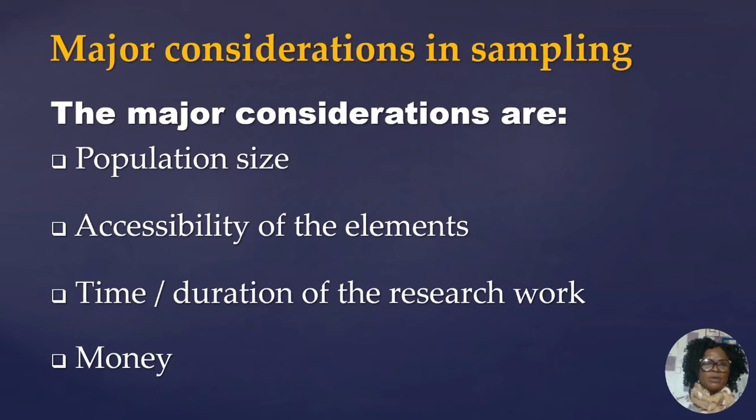Therefore, say the population is manageable or of good size for the research. Then accessibility of the elements. If you have a target population and you find that you cannot reach out to all the elements of the target population, you consider the elements of the group you can reach, and that becomes accessibility of the elements.